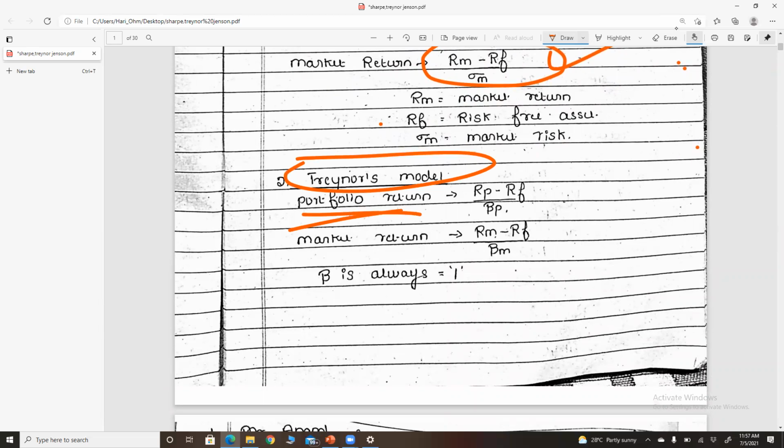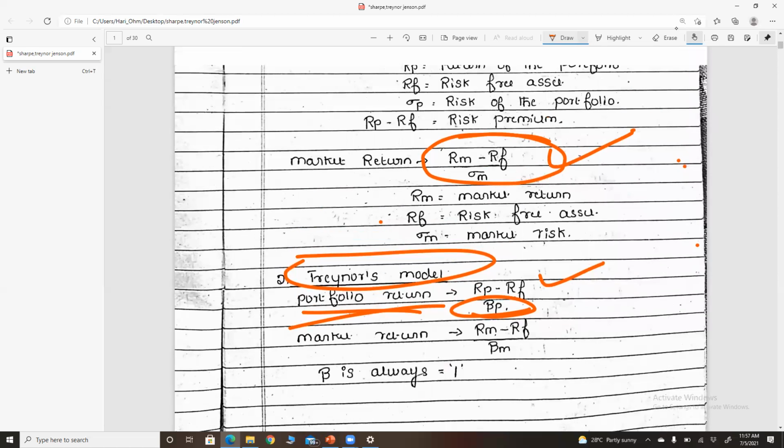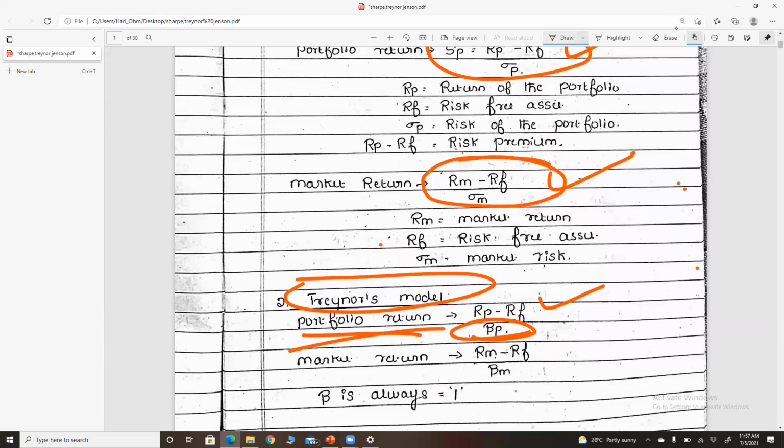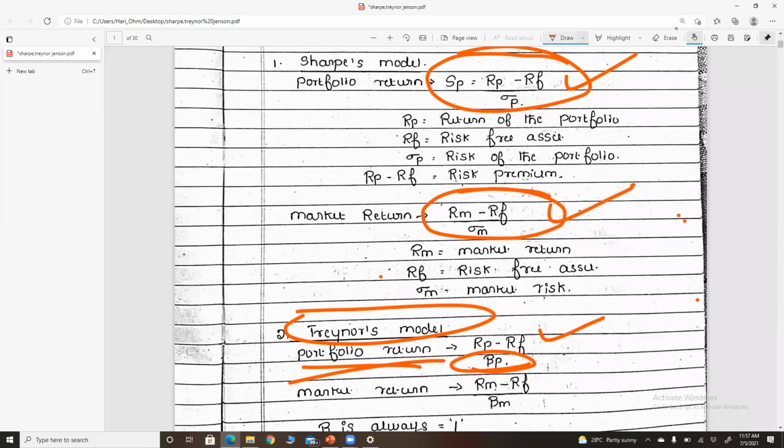See, portfolio return is equal to RP minus RF divided by beta P. Here, beta means systematic risk. The Sharpe model includes total risk or full risk.